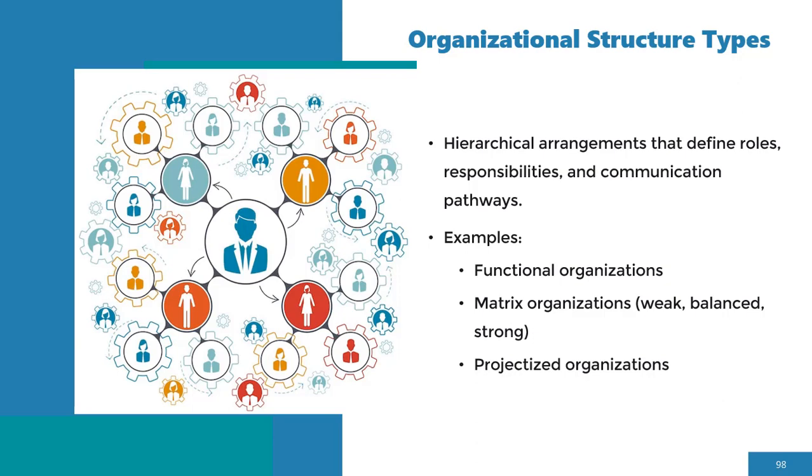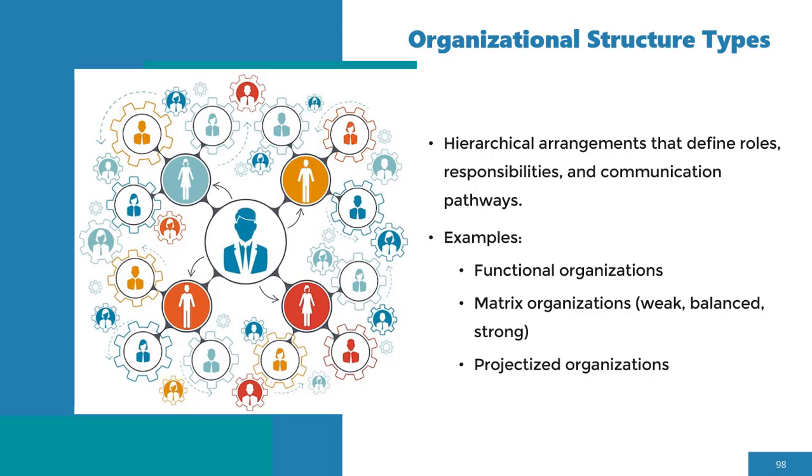Now you may be wondering, what makes a structure weak, what makes it strong? A weak organizational structure is one that tends more towards functional. A functional organization is simply an organization that is mostly operational. The work is mostly operational, for example accounting work and customer service.